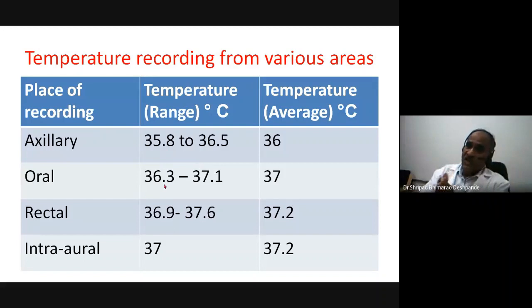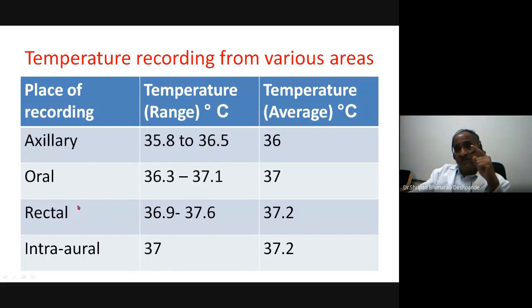Nowadays we have electronic gadgets that give a beep, and then you can know the temperature. You can read the temperature either digitally or through the mercury. This temperature is slightly lesser than the core temperature. Rectal temperature I consider as the core temperature.